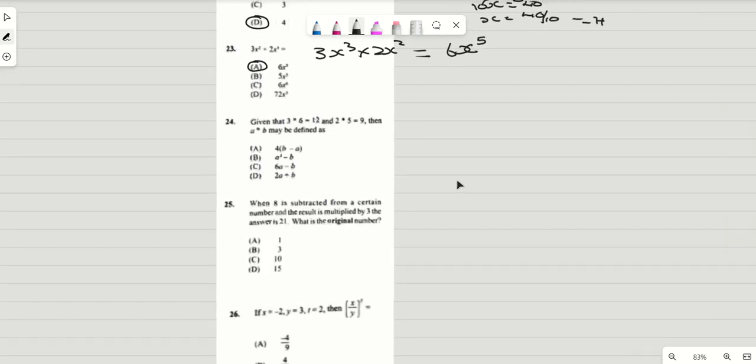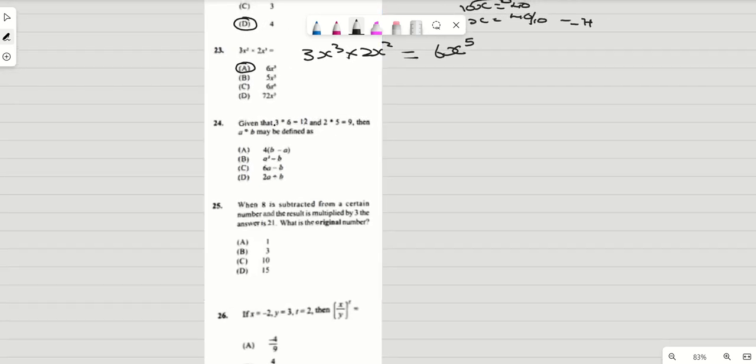Right, let's look at number 24. Given that 3 asterisk 6 is equals to 12 and 2 asterisk 5 is equal to 9, then they want to know, define what is A asterisk B. They're just asking you what is the function.